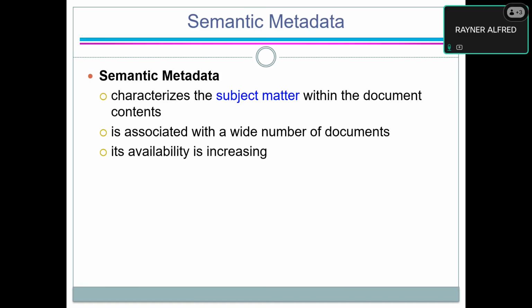Okay? And it's normally associated with a wide number of documents, because when you have few documents, so you can perform clustering or you can form grouping to indicate that a few documents talking about the same topic. For example, 5 documents talking about political science, 3 documents talking about sports, and so on.